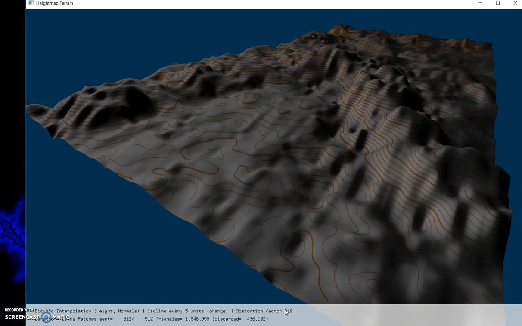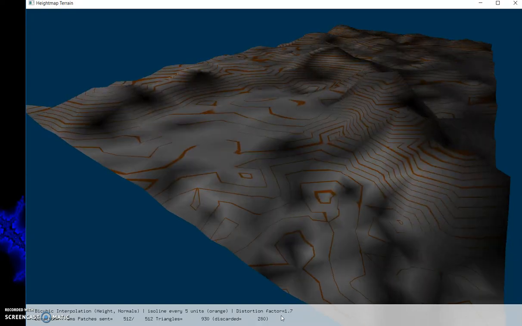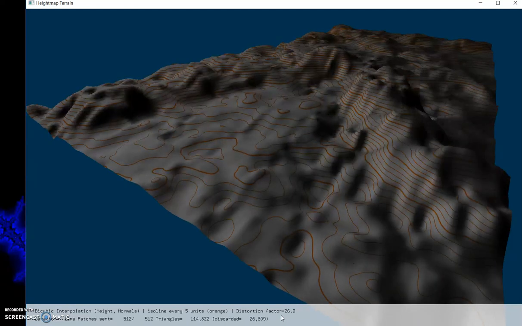And of course, here we have a very high distortion factor, quite high. Then the resolution of the isolines is good, but if we decrease it, it's getting worse and worse, and back to the high level of tessellation.